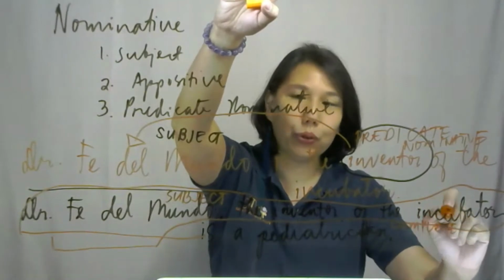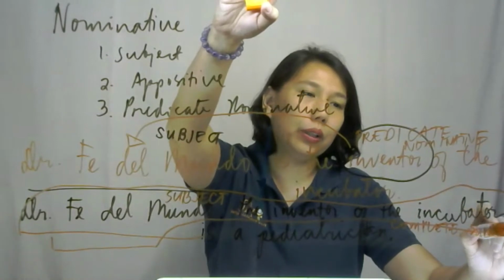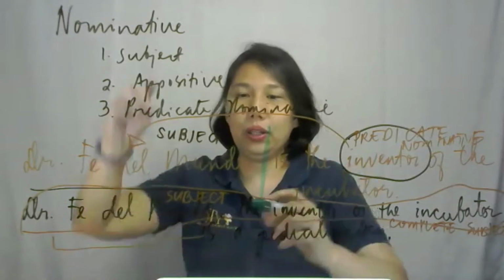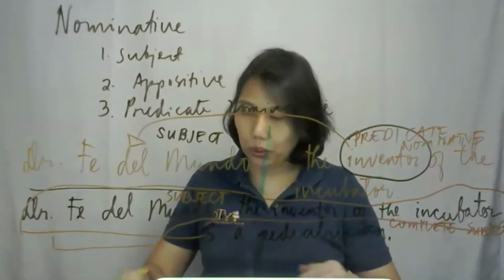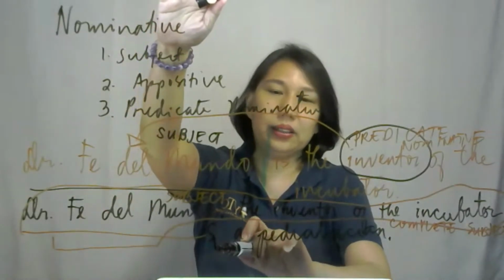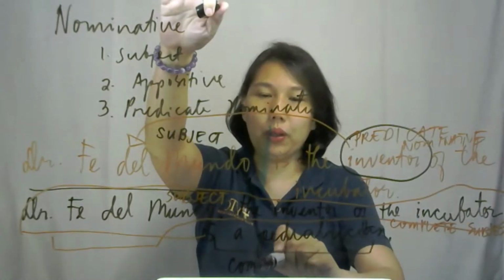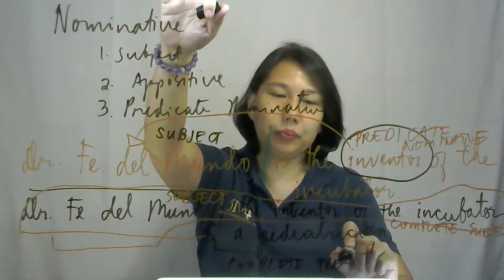Notice that after the word incubator, you have the linking verb is over here. So this whole part over here, is a pediatrician, is what you call your complete predicate.